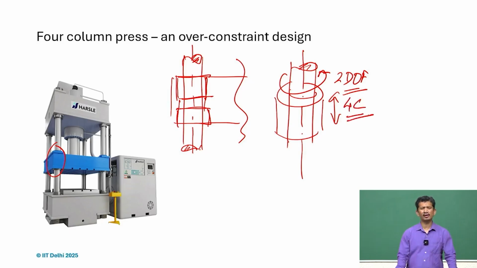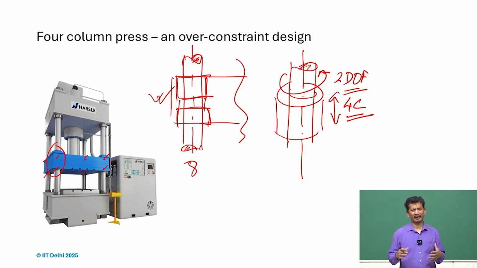Each bushing will provide 4 constraints. So if you look at this system and if this is the arrangement, there are a total of 8 bushings, 4 on top and 4 at the bottom: 1, 2, 3, 4, 5, 6, 7, 8. And we are holding it, so it's a parallel configuration.